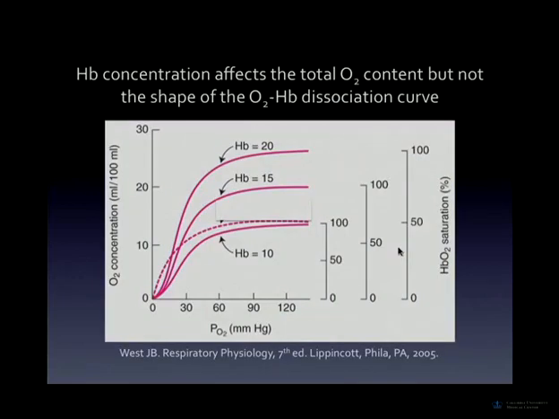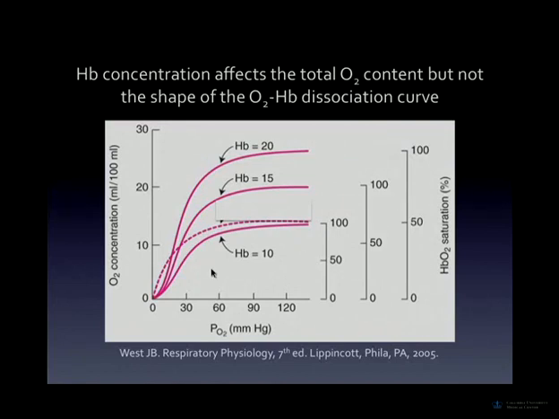So let's look at what happens to our oxygen hemoglobin dissociation curve if we change the concentration of hemoglobin. The y-axes on this graph are flipped horizontally from the prior ones. So total oxygen content is now on the left-hand side of the graph, and oxygen saturation of hemoglobin is on the right side with a different scale for each level of hemoglobin that we have.